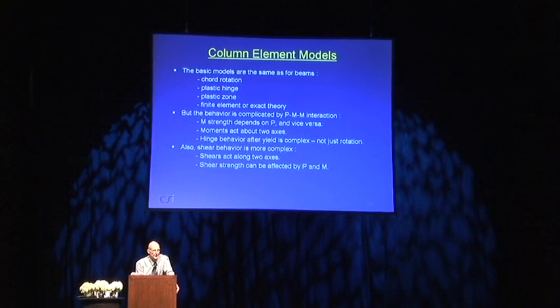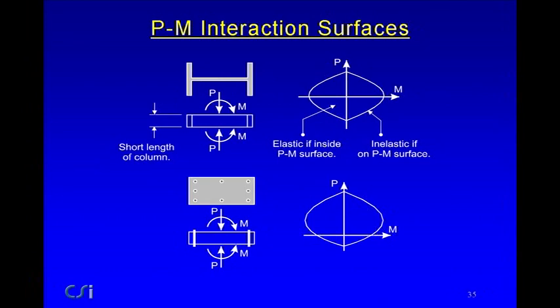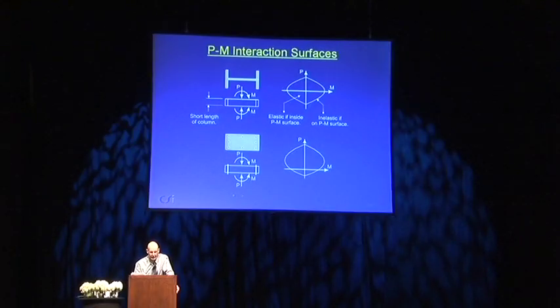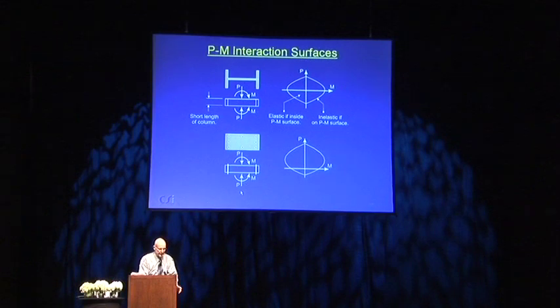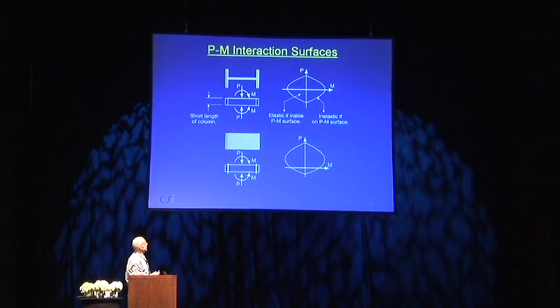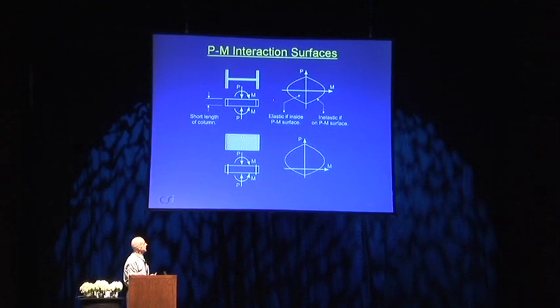You've got biaxial shear, and the shear strength can be affected by axial force, by moment, and also by hinge rotation. So let's look at your PM interaction surface. You're familiar with these. I'll just show some implications of these in just a moment. If we look at a steel beam, and we take just a short length of the beam, we can get a PM interaction diagram, which looks something like this.